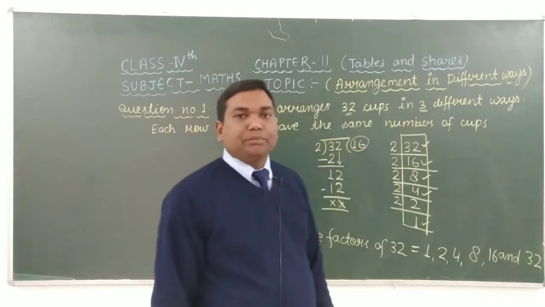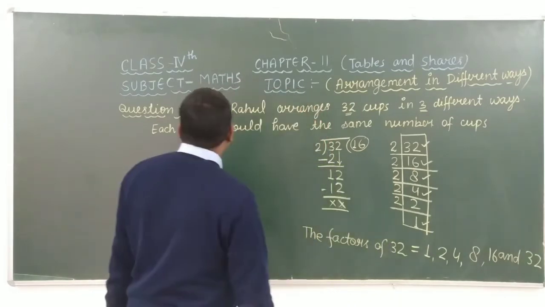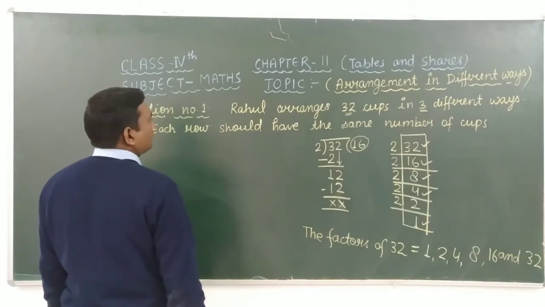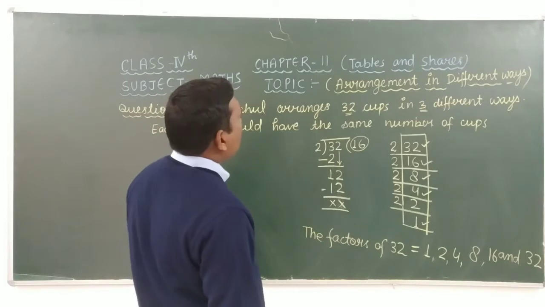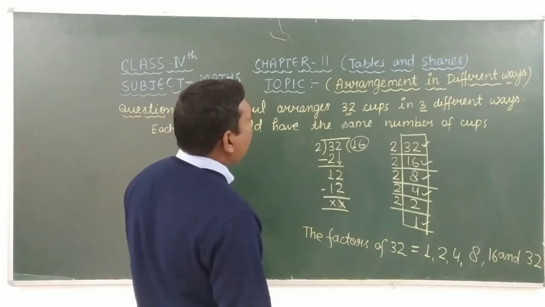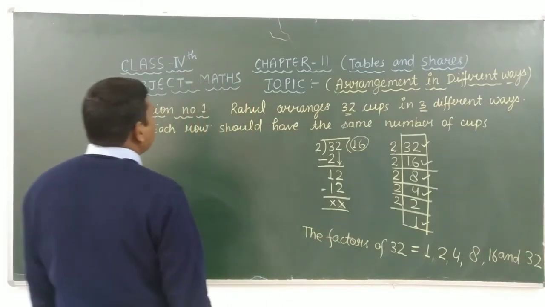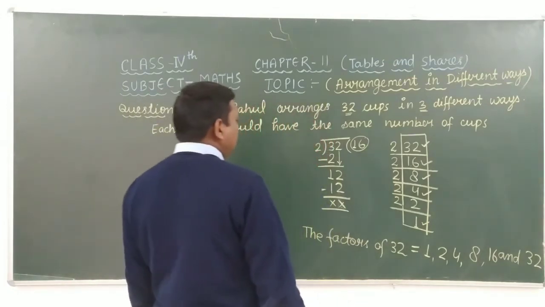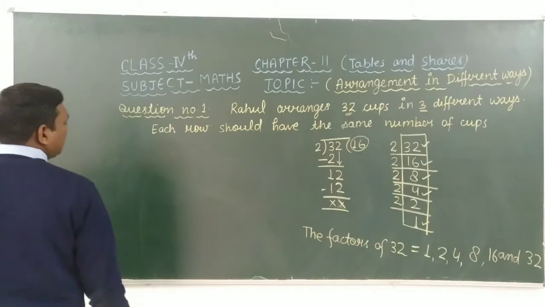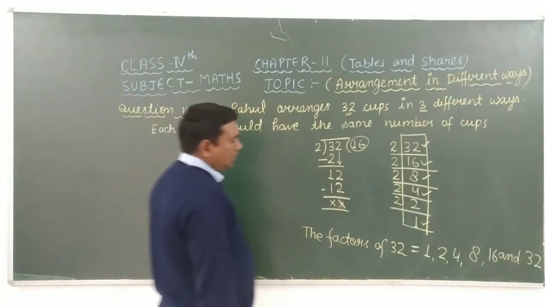Here we have to arrange the 32 cups in three different ways, if each row should have the same number of cups. Look carefully.